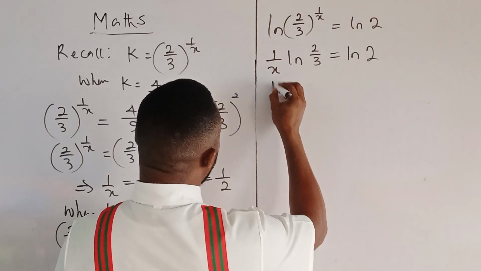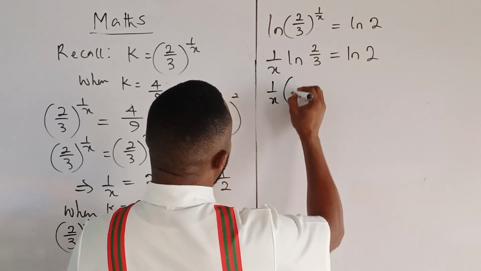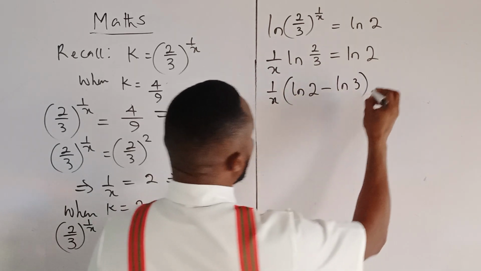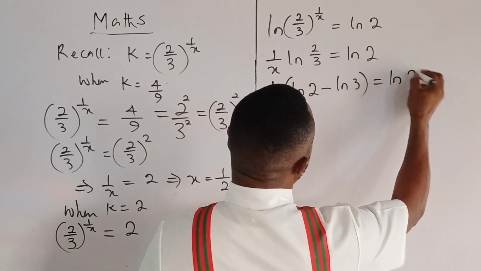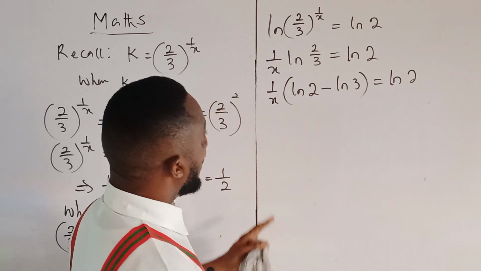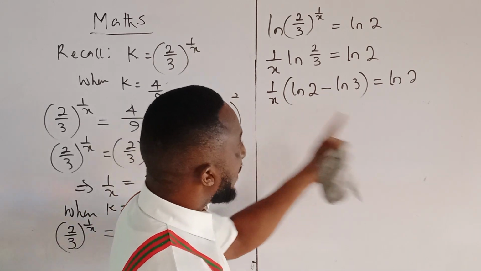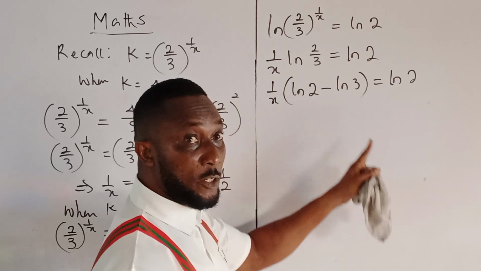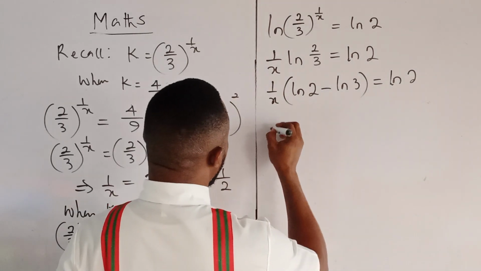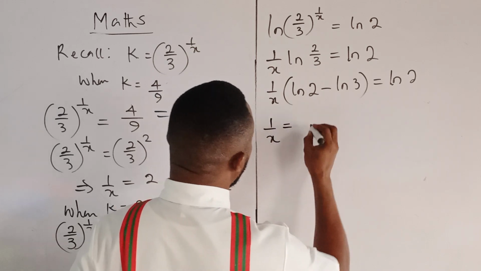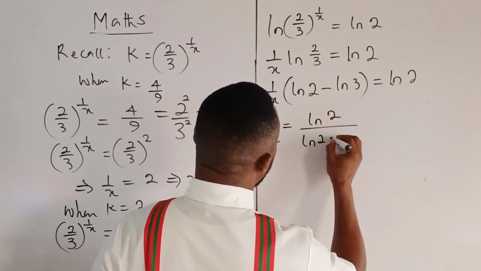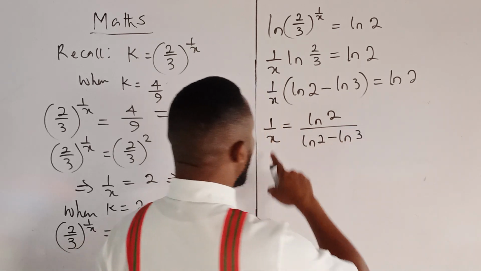So I can write this as 1 upon x times (ln of 2 minus ln of 3), which is equal to ln of 2. Then, if I divide both sides by ln of 2 minus ln of 3, I will have 1 upon x equal to ln of 2 divided by (ln of 2 minus ln of 3).